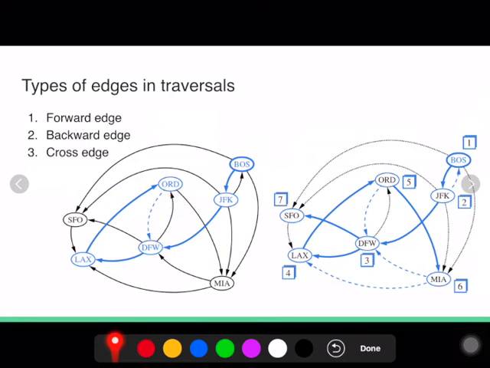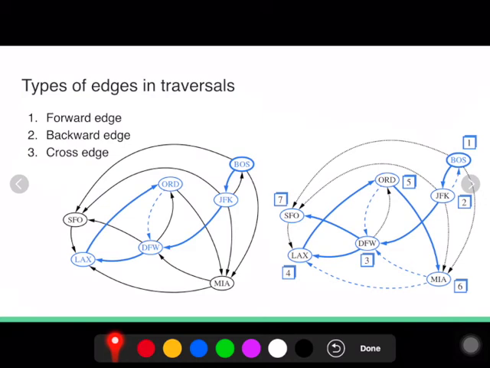So typically in graph traversals we have three fundamental types of edges: forward edges, back edges, and cross edges. I'll just tell the difference between the three. Forward edges are those edges which we are trying to explore. For example, from BOS there is a possibility that I can go to SFO or I can come to JFK. So these are the two discovery edges that are available for me. Here in this example we have taken a path from BOS to JFK, so I'll mark this path as a forward edge.